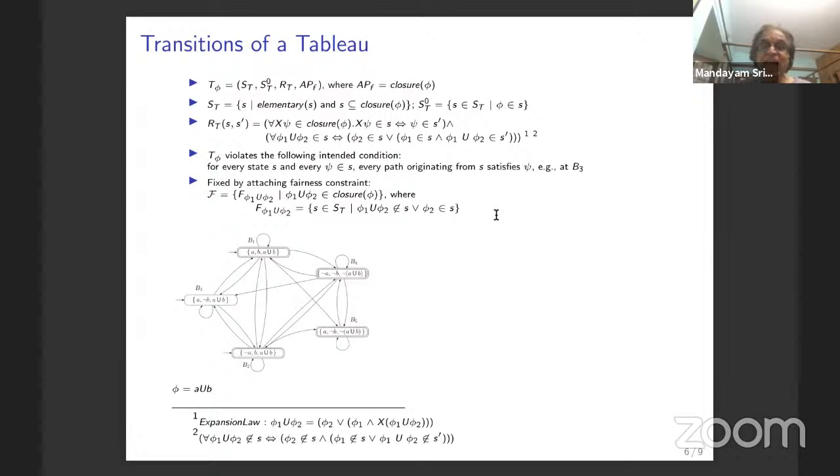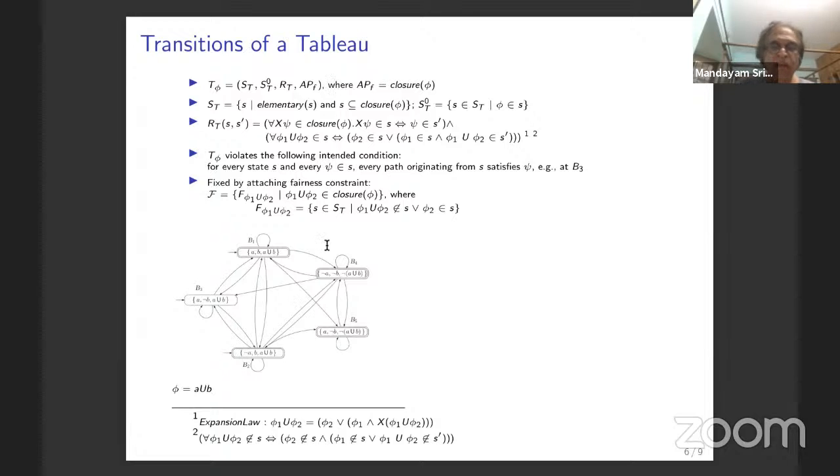So take an example of something like a nested formula, a simple nested formula, where phi1 and phi2 have X's, or X first, and F something nested until, just one level of nesting, and try to simulate this and get a transition system for that.